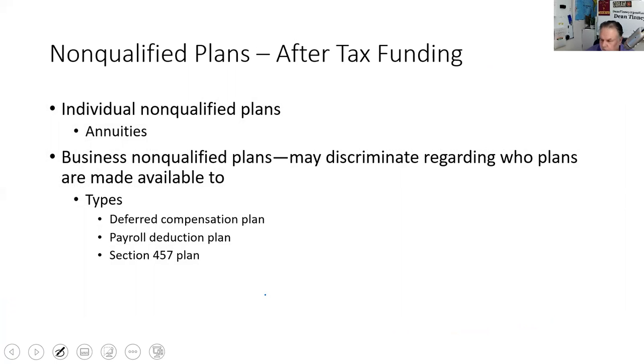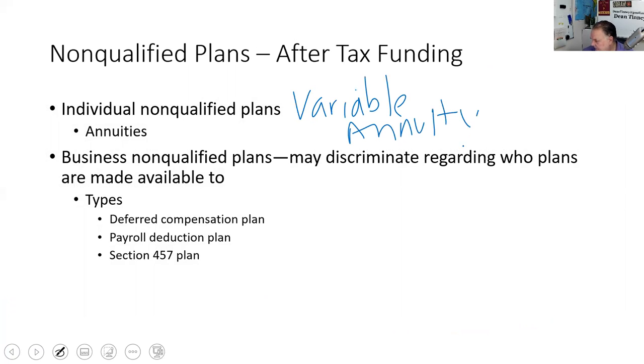A lot of times we'll refer to a variable annuity as a non-qualified retirement plan, meaning that you're using after-tax money you've already paid taxes on.